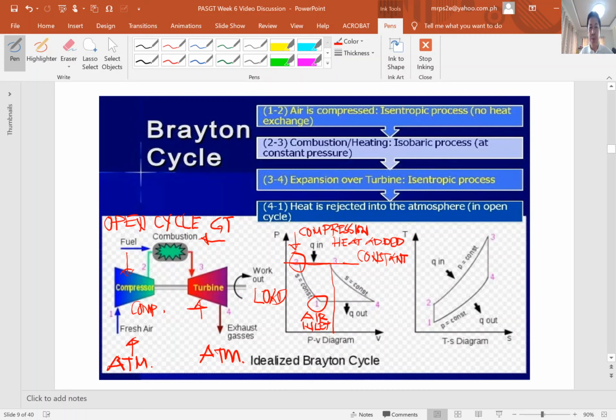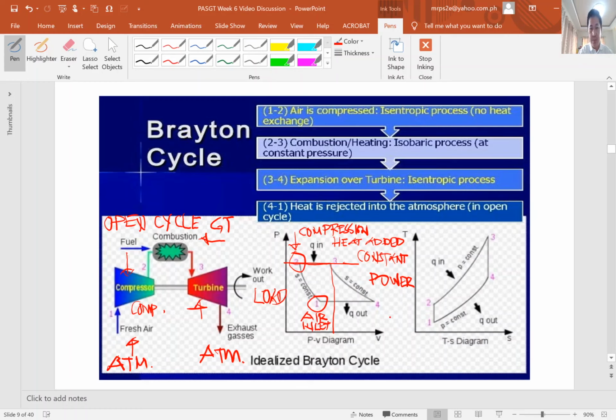And then 3 to 4 is the expansion over the turbine, which is an isentropic process. Expansion means power, so 3 to 4 is power. And 4 to 1 is heat rejected into the atmosphere in an open cycle.